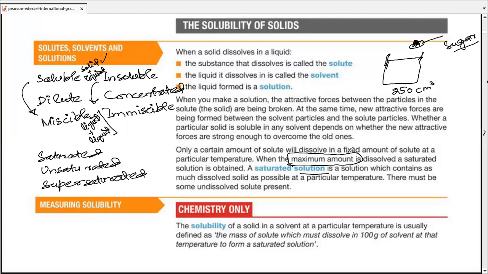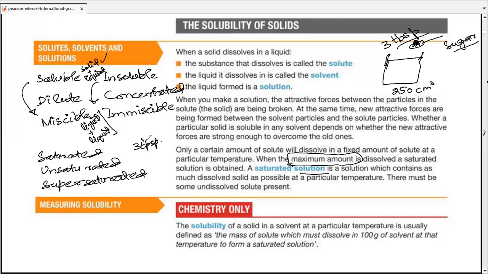So if the maximum amount has been dissolved, and that is 3 tablespoons, we call it a saturated solution, because whatever amount was dissolved, that was the maximum amount. You cannot dissolve any more at that particular temperature. So saturated is 3 tablespoons in this example, all right?